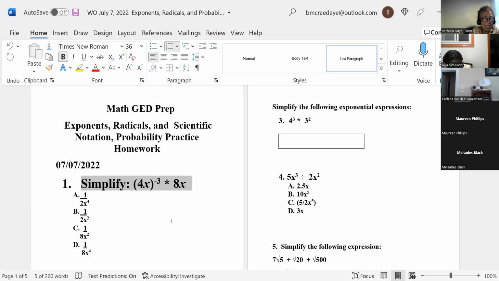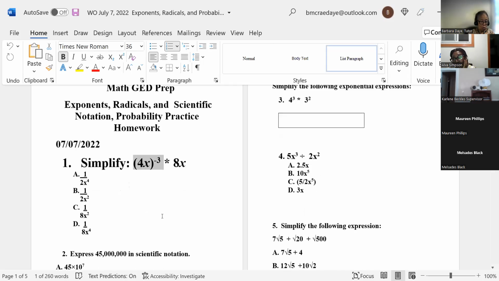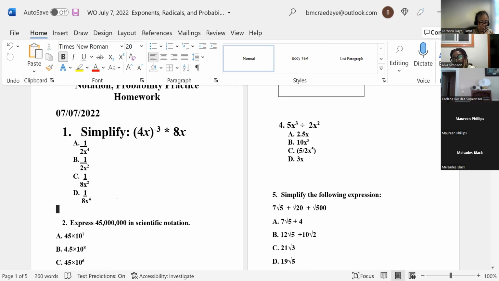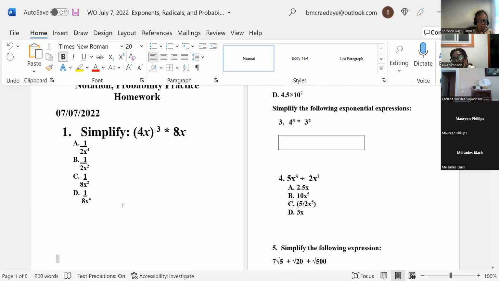Now, does anybody remember what I said about the negative exponents? When you have a negative exponent, Mercedes, what is that equal to? In other words, this 4x to the minus 3. Remember I gave you a rule with negative exponents. Remember what it was? No, that's not it. I know, anything to the 0 is 1, but I didn't say 0.